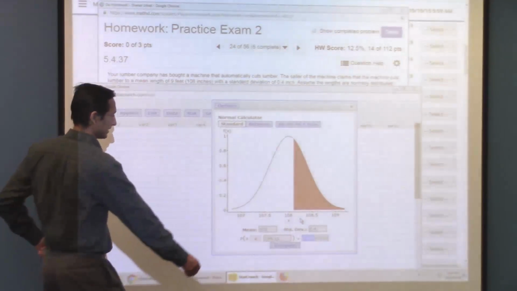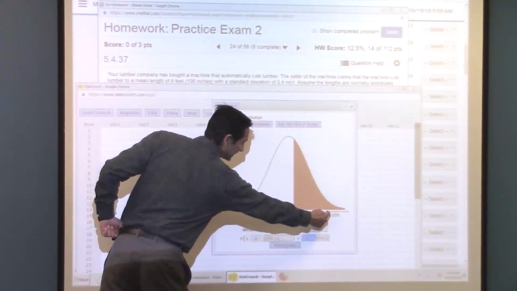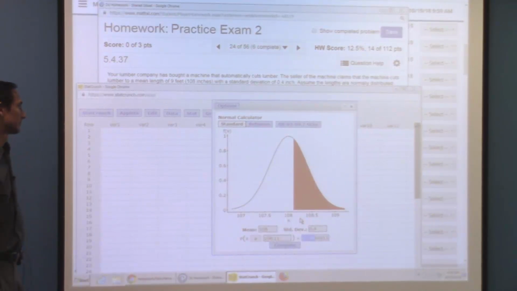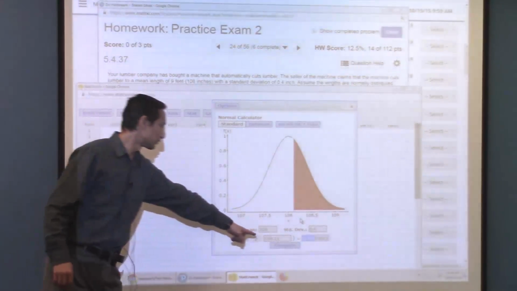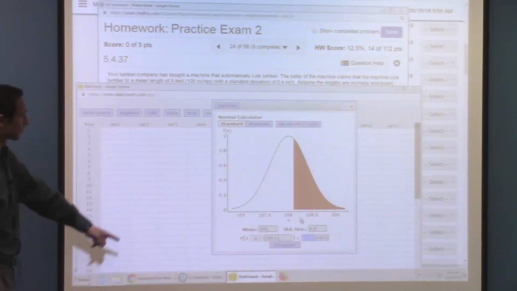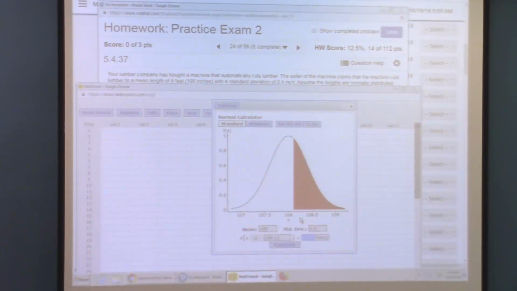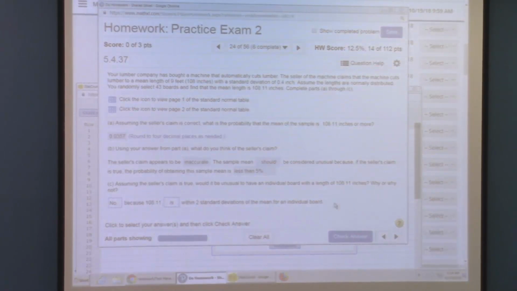See that? Up to 108.8, it's still the usual zone. And what did we plug in? We plugged in the score, because we are looking for whether that score is usual or unusual. That was in the question, right here.